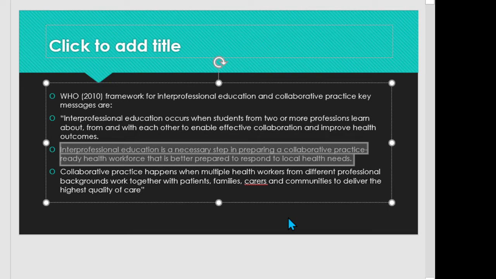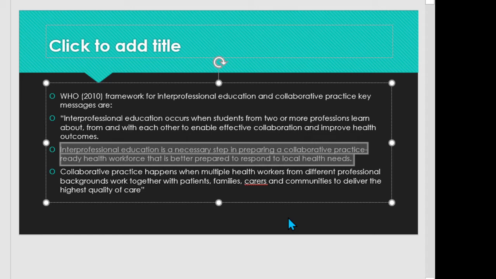In a management team, they will learn how to adjust to other professions. They will learn how to be sensitive to them. No? So interprofessional education is very important.